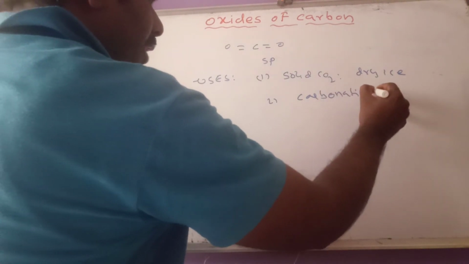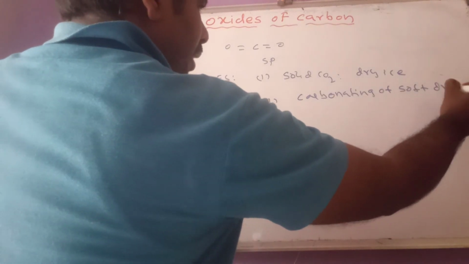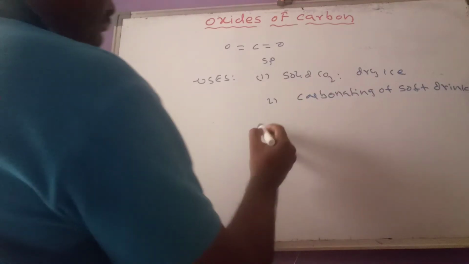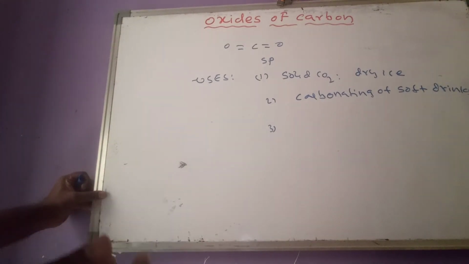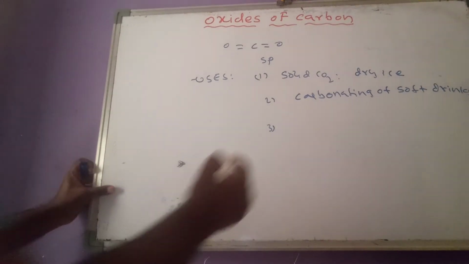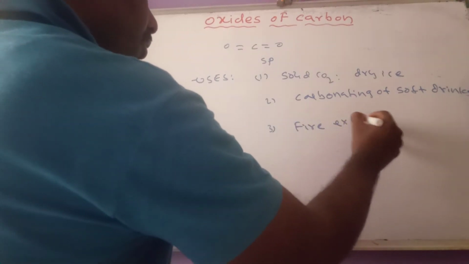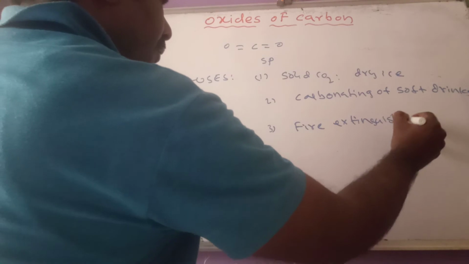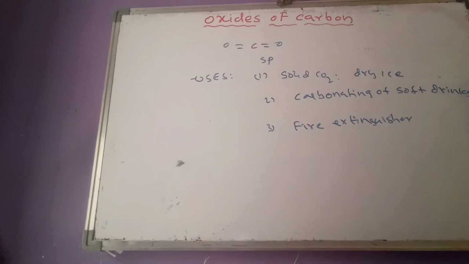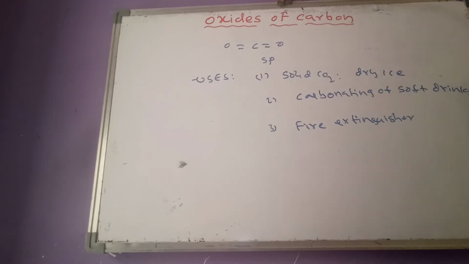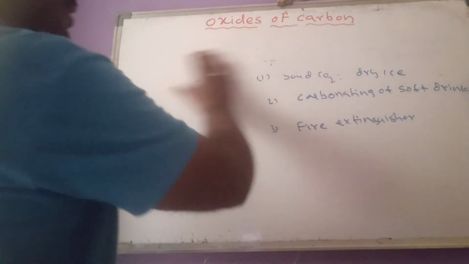And as it is not a supporter of fire, it is used as a fire extinguisher. So these are some uses of carbon dioxide.